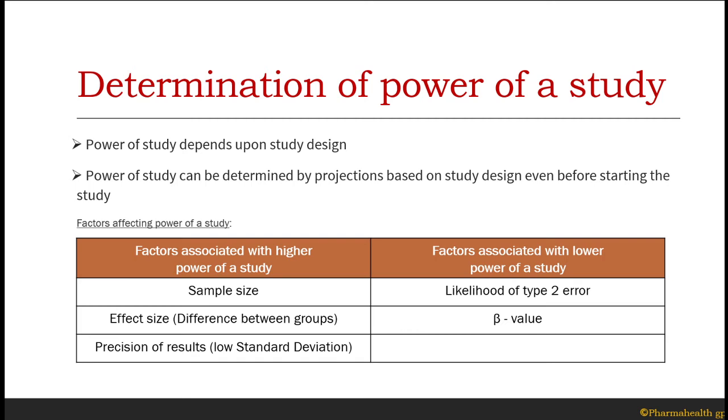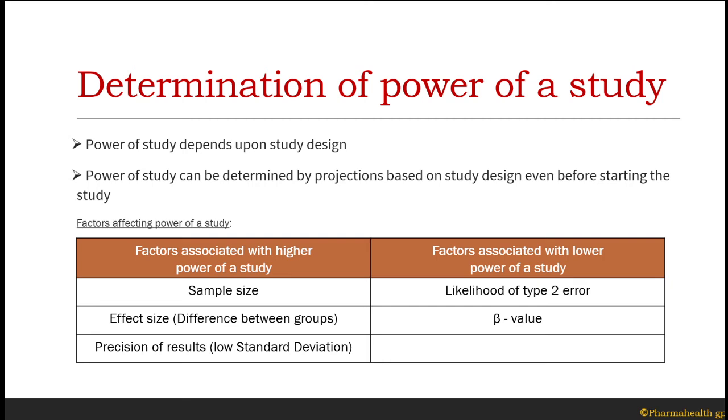Here the effect size would be 88 minus 85. So the effect size, the mean difference in the reduction of blood pressure, would be 3 mm of Hg in that experiment.